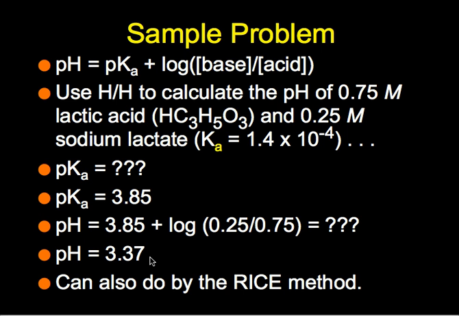Now, stop for a minute. If you look at the next lab that's coming up, one of the things that you will be asked to do in this lab is find the Ka of an unknown acid experimentally. Well, you'll be able to do that pretty simply by measuring a known amount of the acid into the solution and recording the pH. And by doing a little bit of work with that, you'll be able to figure out its Ka.